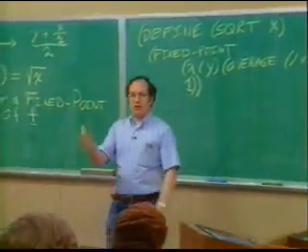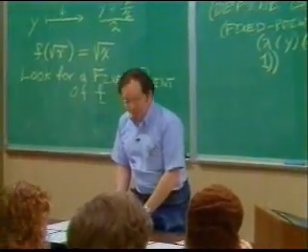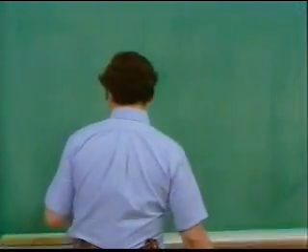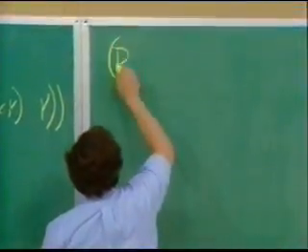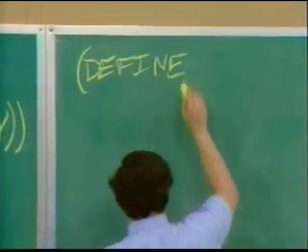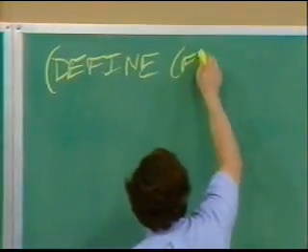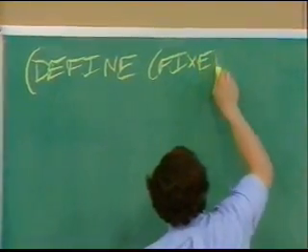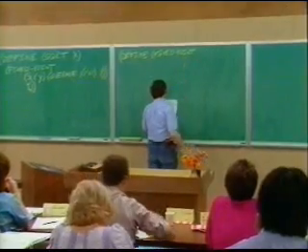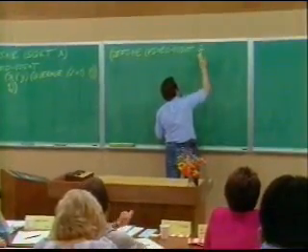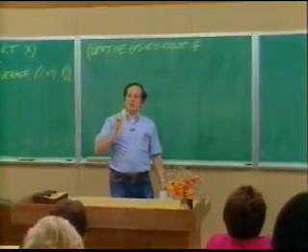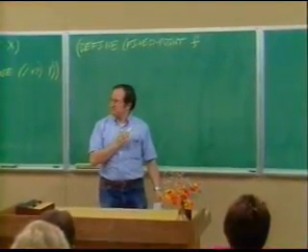Okay, well now let's see how we're going to come up with fixed points. Well, it's very simple actually. I'm going to write an abbreviated version here just so we understand it. I'm going to find the fixed point of a function f. Actually, the fixed point of the function computed by the procedure whose name will be f in this procedure.